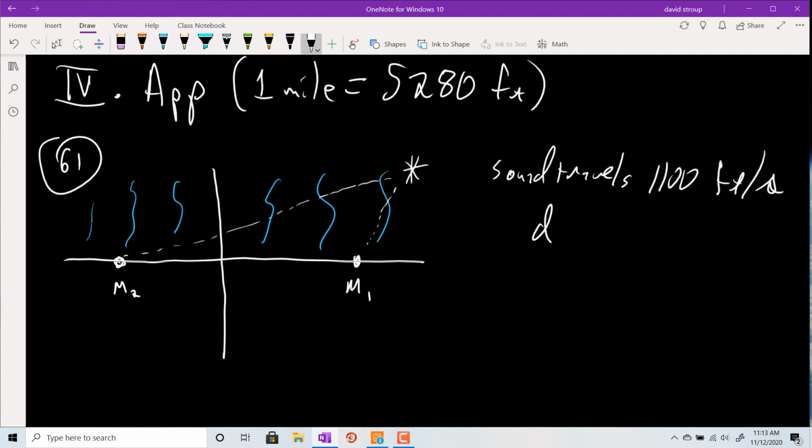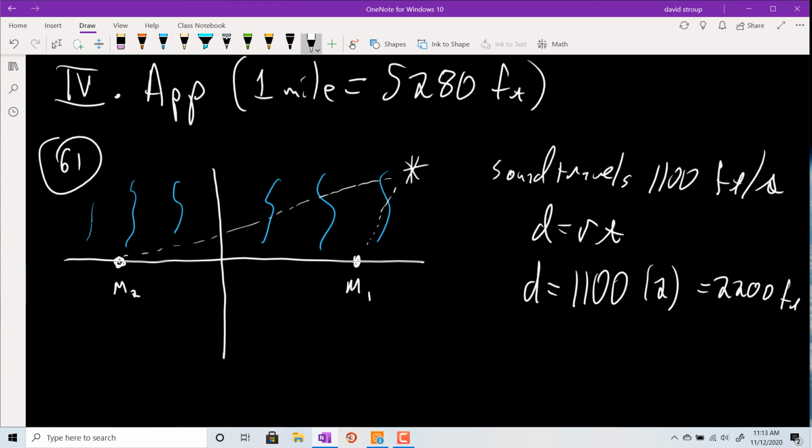So recall distance equals rate times time. In this case, the rate that sound travels is 1,100, and the time difference between the two is 2, so we have 2,200 feet. So if we call the explosion P, the difference between PM1 and PM2 must equal 2,200 feet.